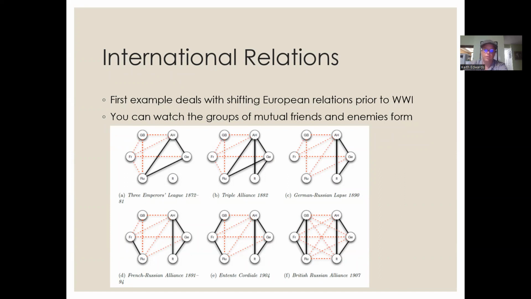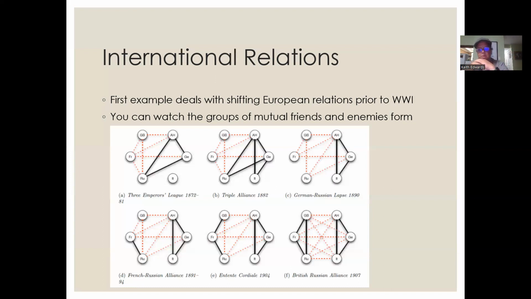And so the Germans broke it off with the Russians, which left them antagonistic towards Austria-Hungary and still claimed not to know Italy. The French-Russian alliance happens, and France makes a tie to Russia, which then the Entente Cordiale in 1904, France makes a tie with Great Britain, positive between France and Great Britain, positive with France and Russia.